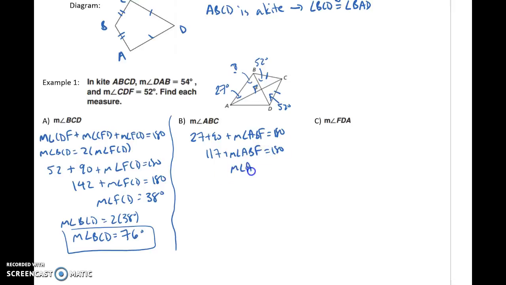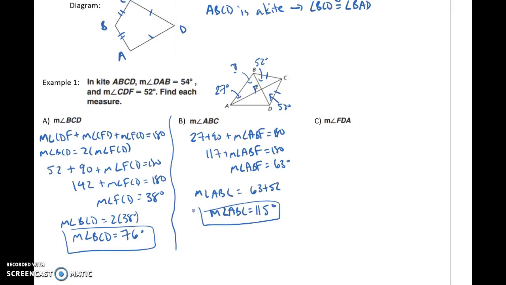So the measure of angle ABF is 63 degrees. And then using my angle addition postulate, the measure of angle ABC should be 63 plus 52, which is going to give me 115 degrees. And again, this is just one way you could have done it.